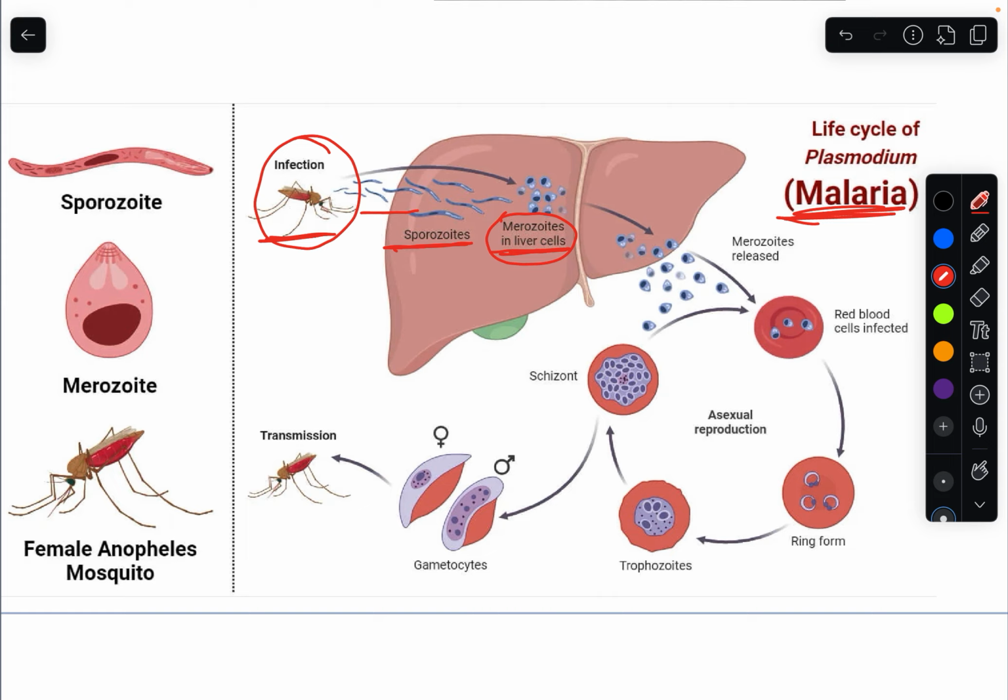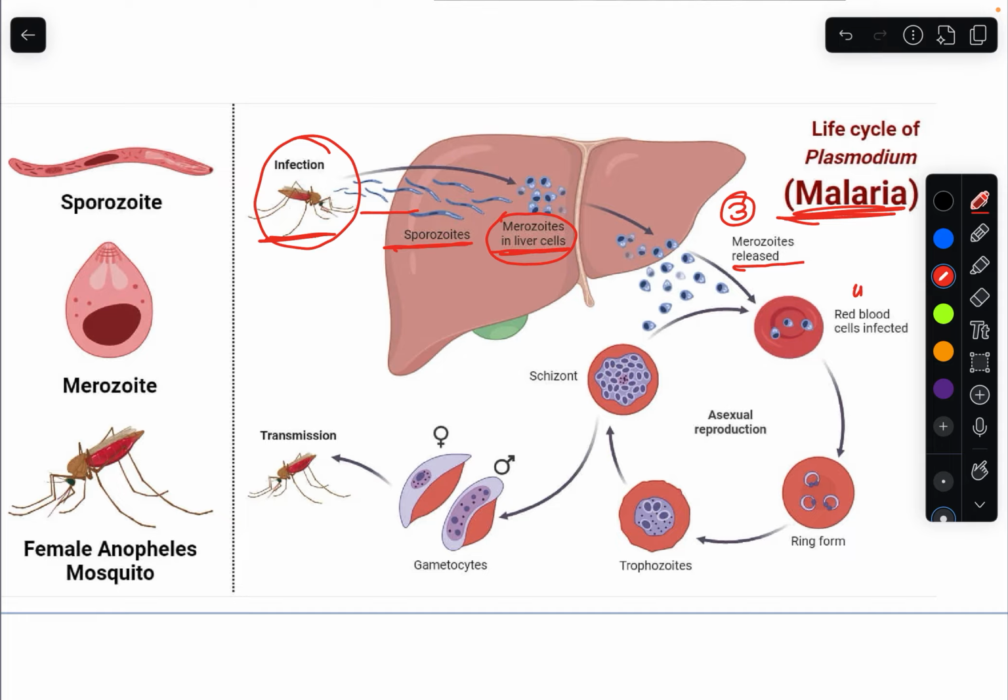Now the third step is merozoites released into the circulation. These merozoites then infect circulating red blood cells. Remember, sporozoites cannot infect red blood cells. They are first converted into merozoites in the liver, and the merozoites then can infect red blood cells.